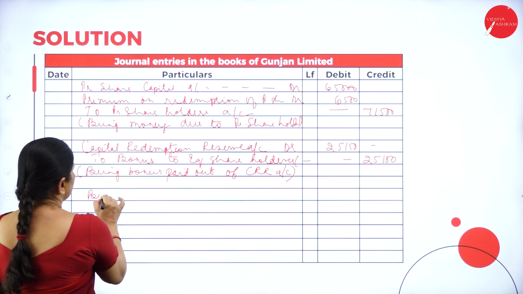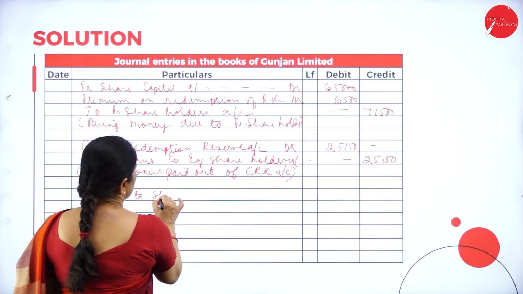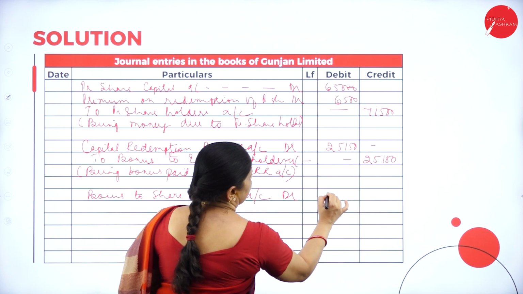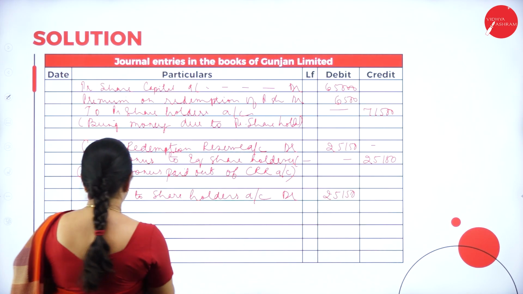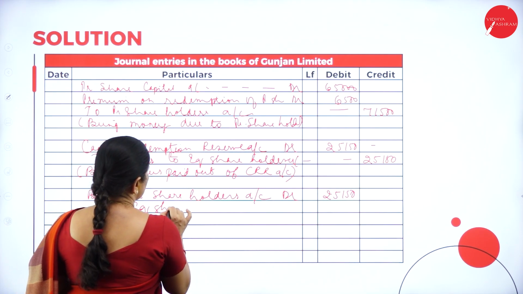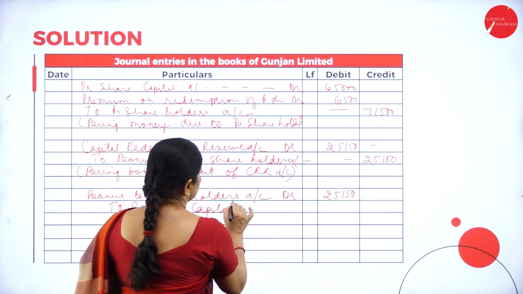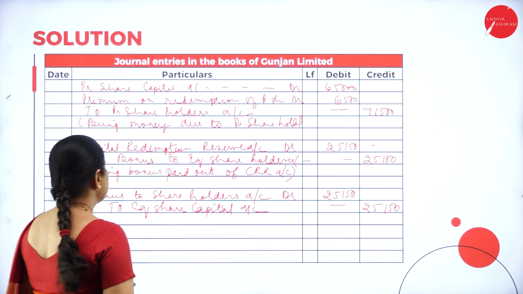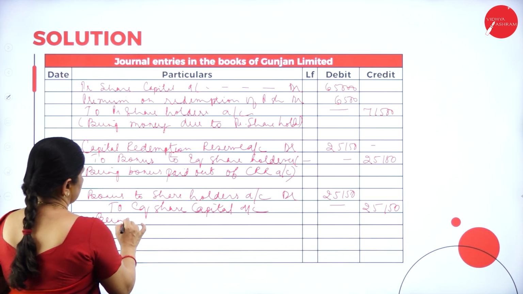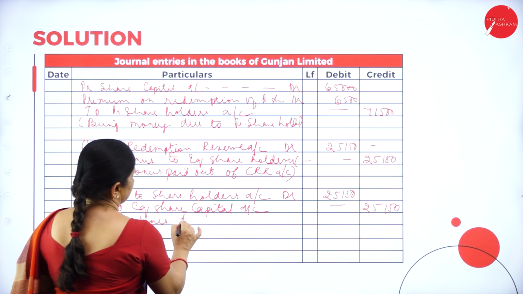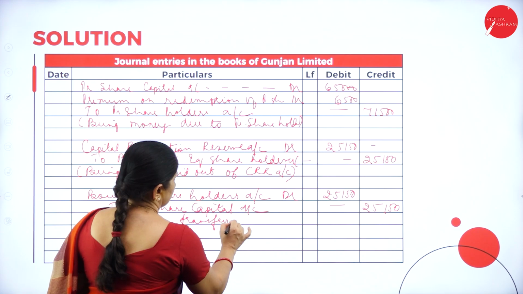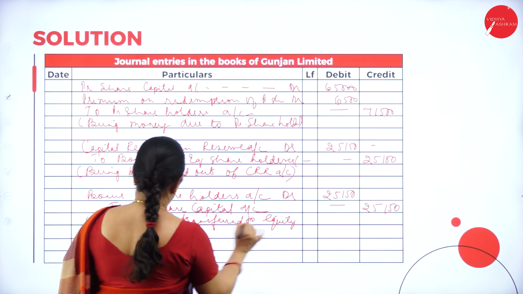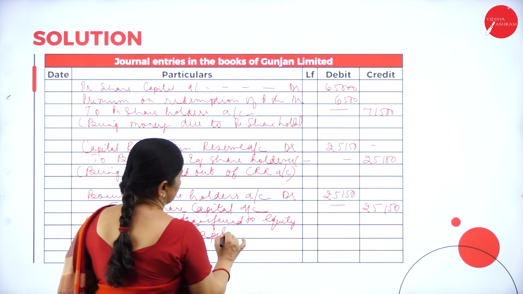The next will be bonus to shareholders account debtor 25,150 to equity share capital account, 25,150, being bonus transferred to equity share capital account.